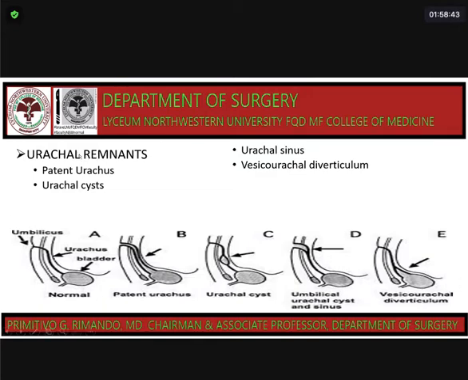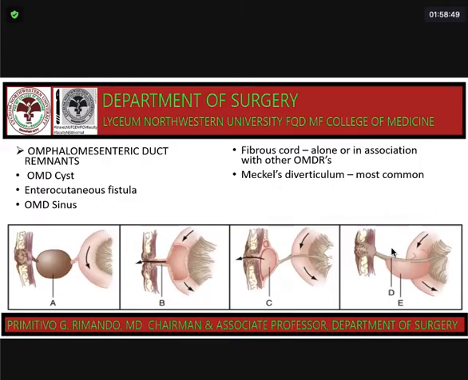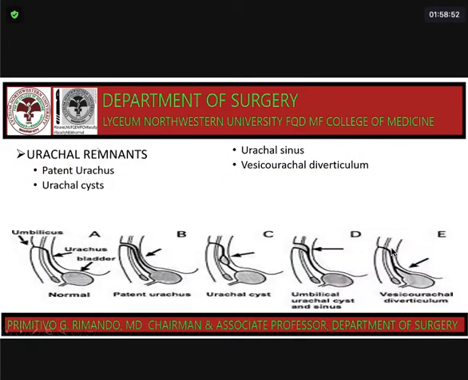The nomenclature of your urachal remnants follows the nomenclature of your OMDR. So you can have a cyst, you can have a sinus, which is the same. Here is a normal patient. Your urachus should be fibrotic already.